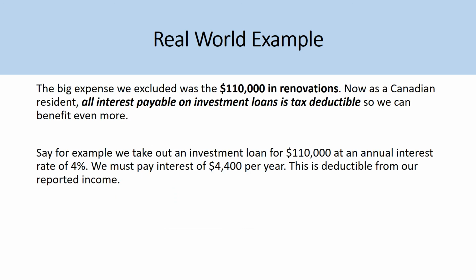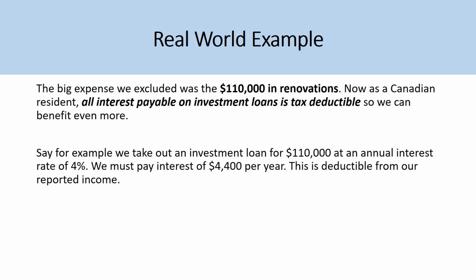Okay. Now, the big expense which we included in that schedule was the $110,000 in renovations. Now, as a Canadian resident, with American investors, it's a little different. But with Canadian investors, a cool thing is that all interest payable on investment loans is tax deductible. So the interest that is charged on, in this example, the $110,000 invested, considered an investment loan invested in this property, is tax deductible.